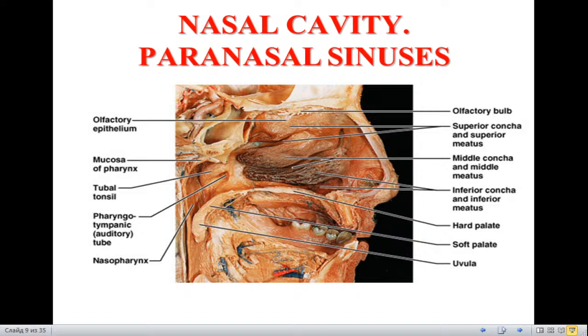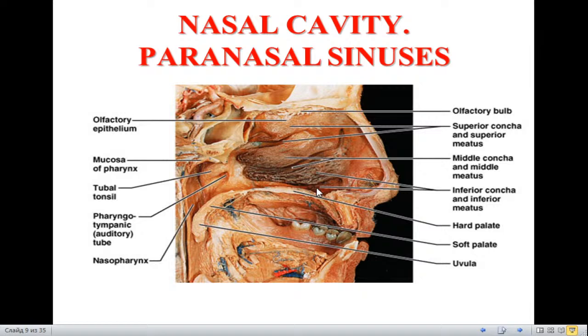If you remember, in the nasal cavity we have 3 nasal conchas: superior, middle and inferior nasal concha. Between them we have the superior, middle and inferior nasal meatus.